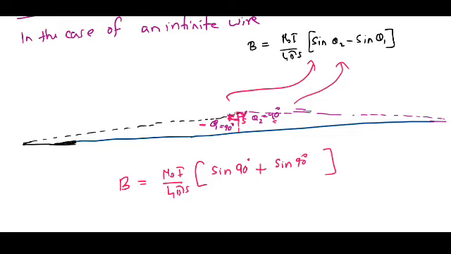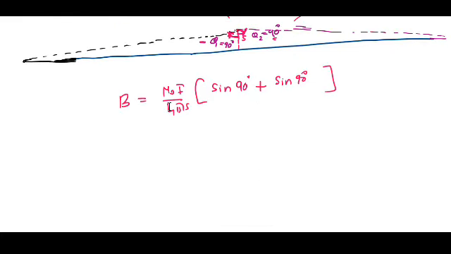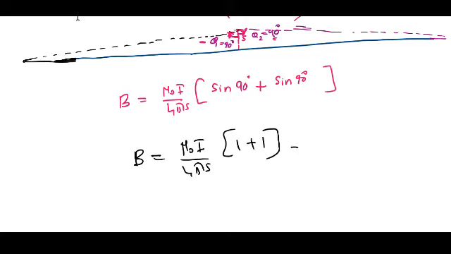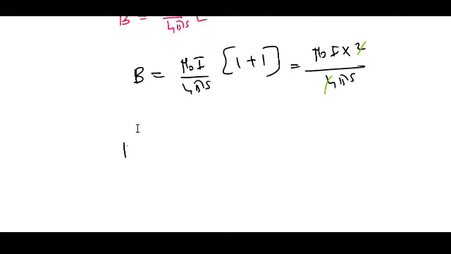This will be sine 90 plus sine 90. Then sine 90 is nothing but 1. The magnetic field B can be written as mu 0 I by 4 pi s into 1 plus 1. That is mu 0 I into 2 by 4 pi s. This 4 and 2 cancel. The final expression for the magnetic field in the case of an infinitely long wire is mu 0 I by 2 pi s.